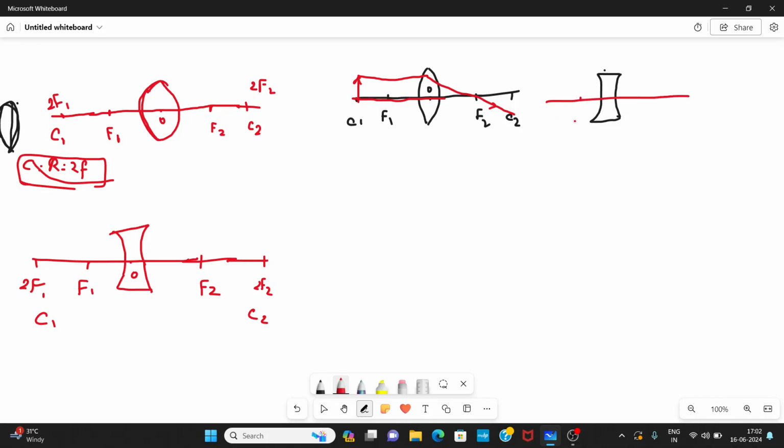Same for your concave lens. This is the object.